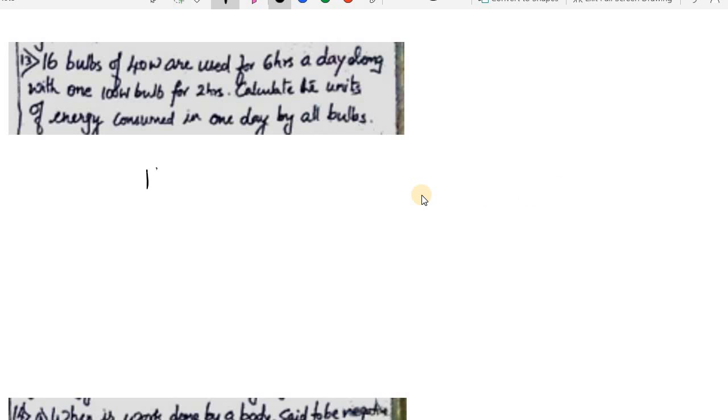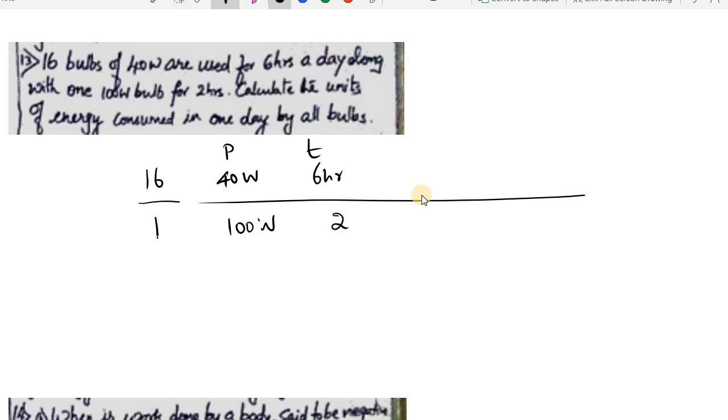The next question, 16 bulbs of 40 watts. So the power 40 watt is used for 6 hours a day, along with one bulb of 100 watt for 2 hours. So if I see here, the energy, power into time, which is equal to 40 by, we want to change it to kilowatt.